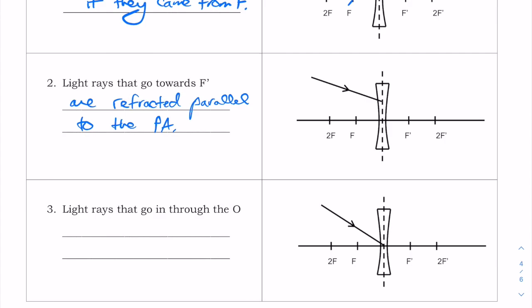Okay, I'll show you what I mean. This one looks like it's heading towards F prime, so if you extend it, it's going to head towards F prime. But what the diverging lens does is refracts it, basically bends it away from the direction it was coming in so that it comes out parallel, like so.